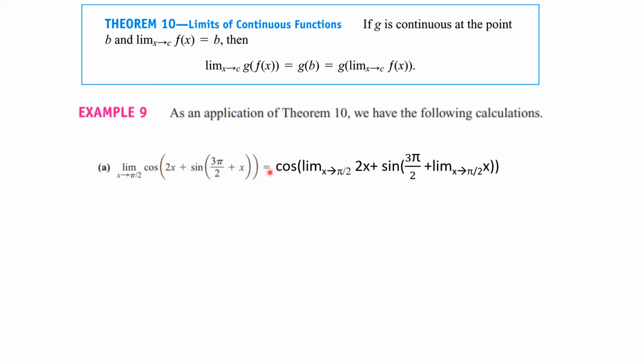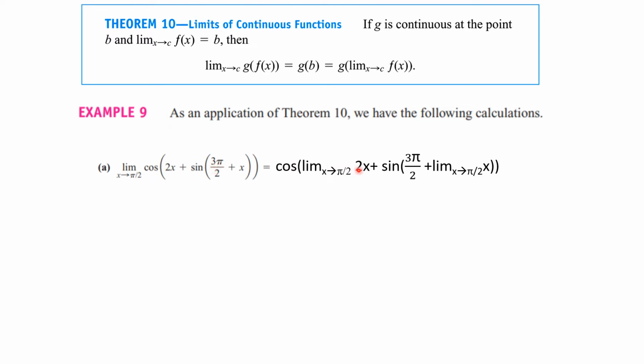Now we could go ahead and rewrite this as cosine, and then we take the limit inside because 2x will be impacted by the limit. So that will be cosine, and then open the parenthesis. We take the limit as x approaches pi over 2 of the 2x plus, this is another function, so we'll take the limit inside the parameters of the sine also.